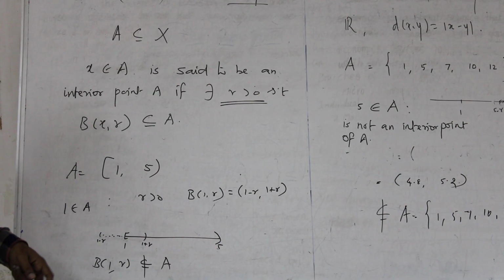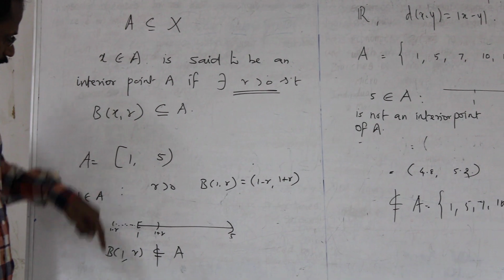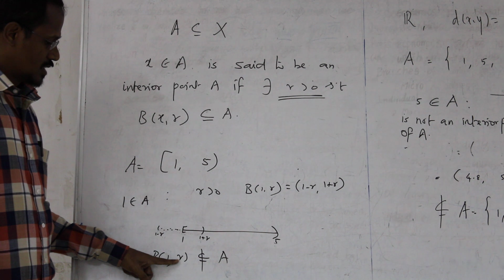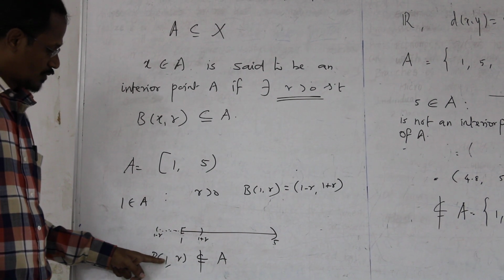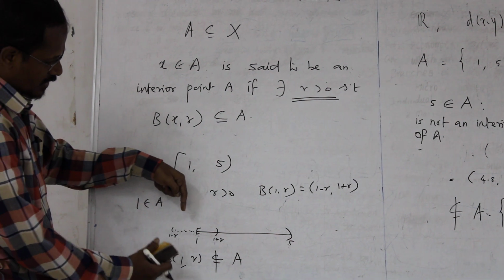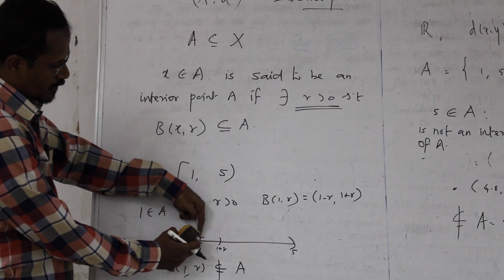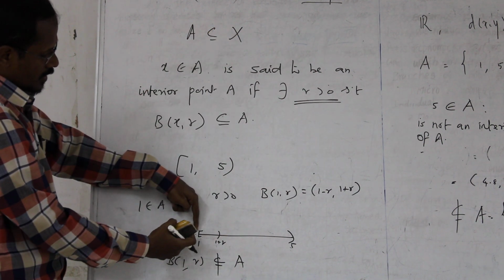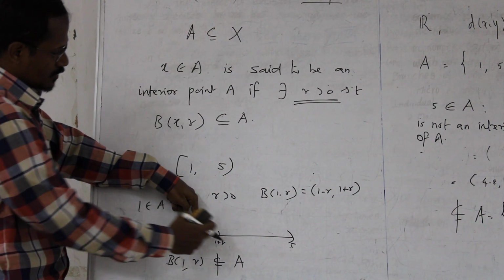So here for the point x equal to 1 in the set A, for any given positive r, the corresponding open ball with center 1 and radius r is not a subset of it, because every time you consider the open ball centered at 1, the ball is 1 minus r to 1 plus r.